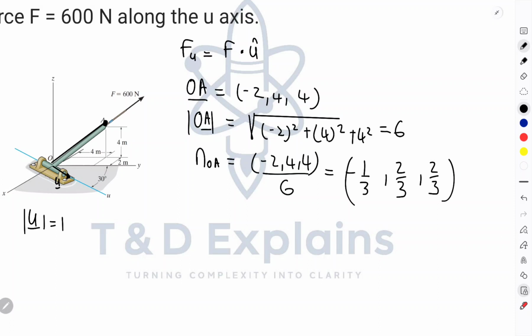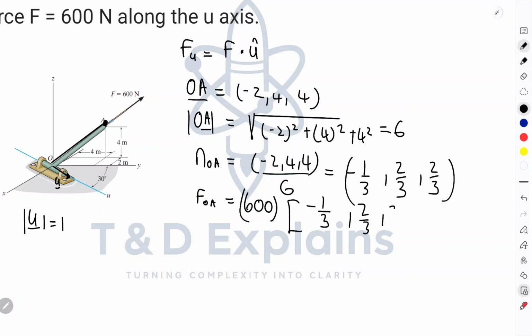To find the vector F along its direction, you would say F times U, where F is given by 600. Actually, it's not a dot here because we are just trying to express it in terms of its components. The projection is only when we use the dot product. So I'm just going to multiply it manually.